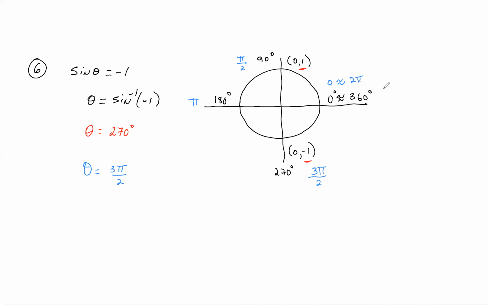Remember that traditionally, I go in this direction, positive. Some of the students like to go in this direction. If you go in this direction, this one will be -90 degrees or -pi over 2, because you change the direction. Also, this answer is valid.